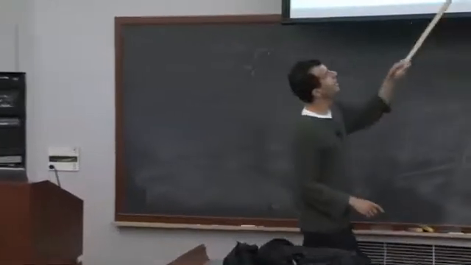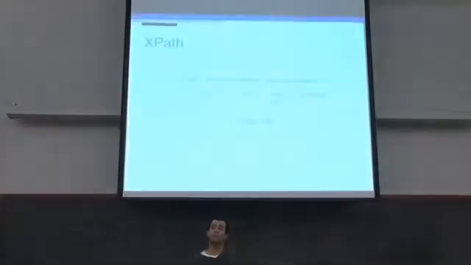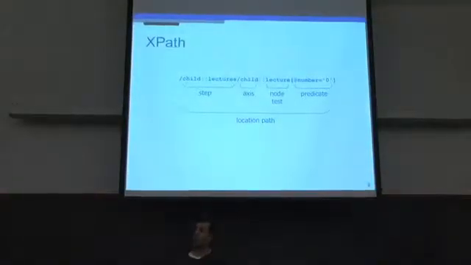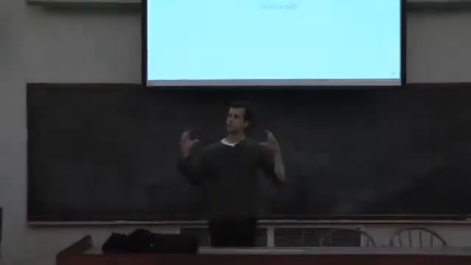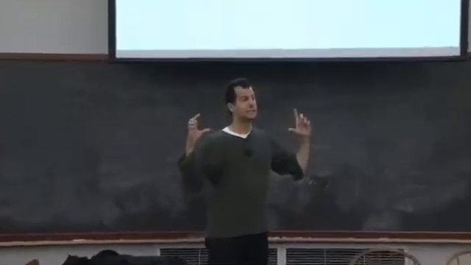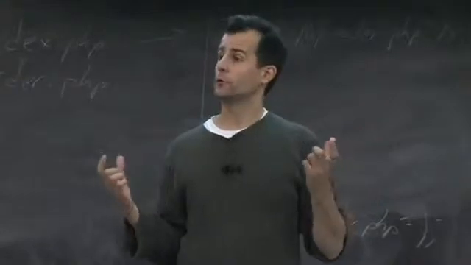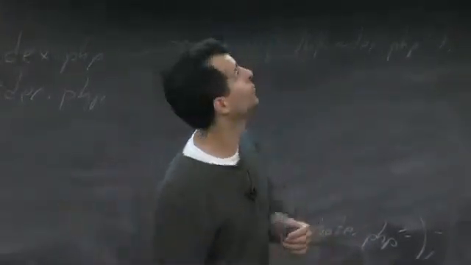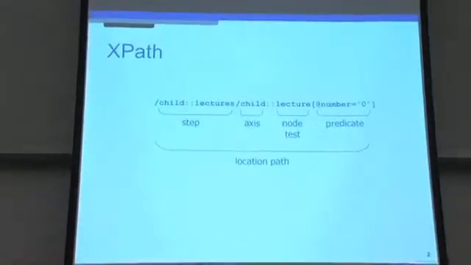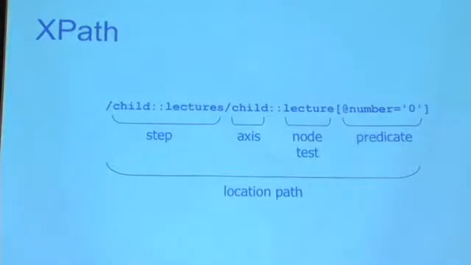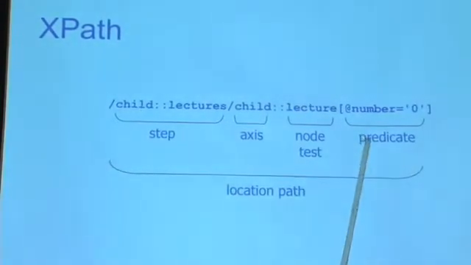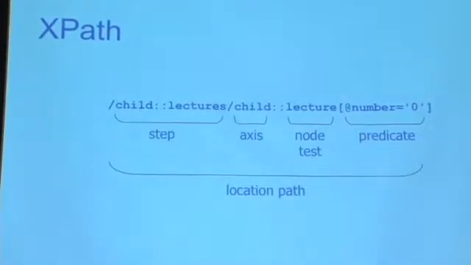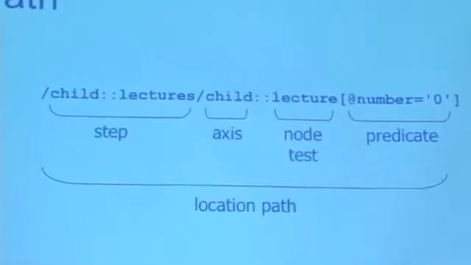And then from there, I say, wait a minute, don't get me all of the lecture elements. Recall that we said briefly last week that the bracket notation denotes a predicate, and a predicate is a filter. It's a Boolean test that says yes or no, include the following nodes. So this test here, as the @ sign suggests, says check for the attribute called number, and if it equals 0, it is a single equal sign. It's not double equals in XPath.